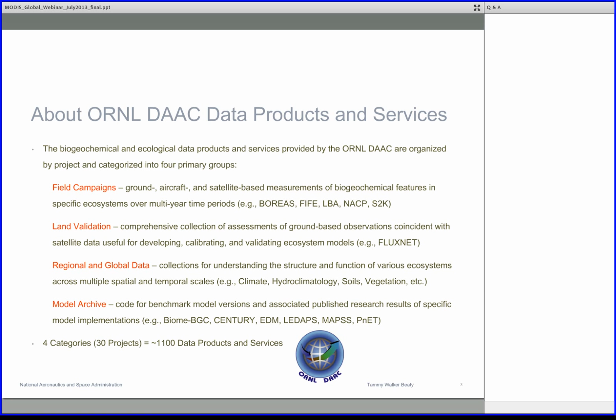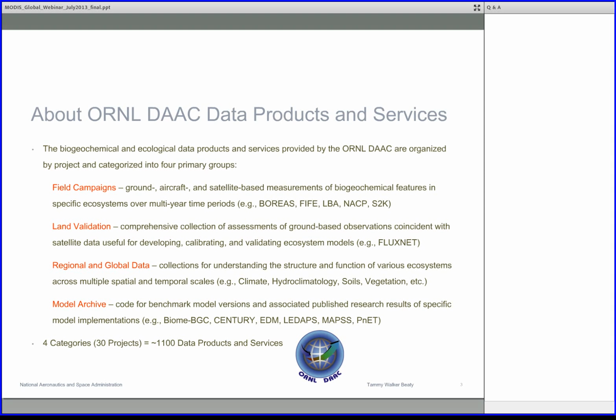Field campaign data sets are ground, aircraft, and satellite-based measurements of biogeochemical features in specific ecosystems over multi-year time periods. An example of that would be the North American Carbon Program, abbreviated as NACP.